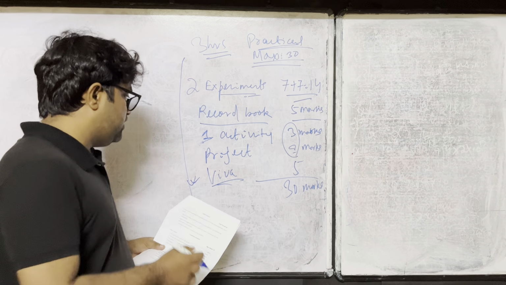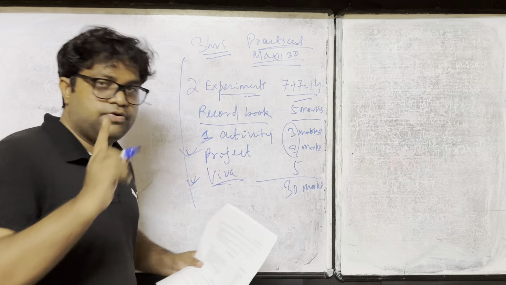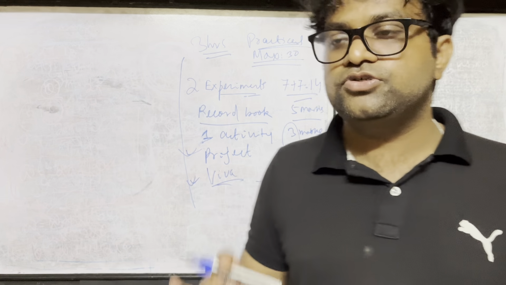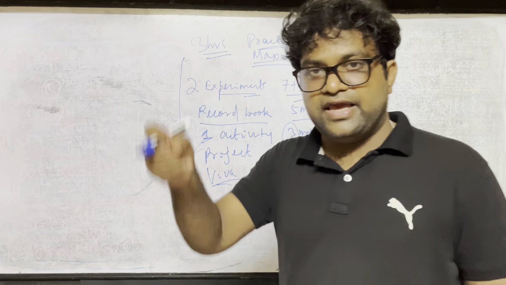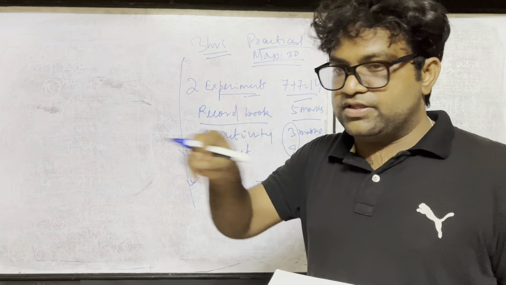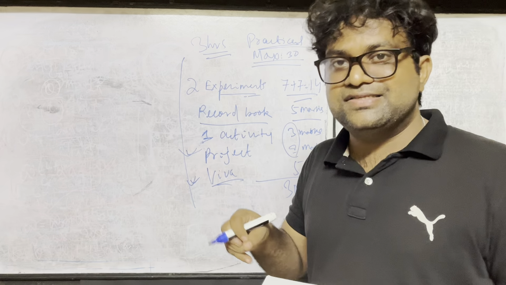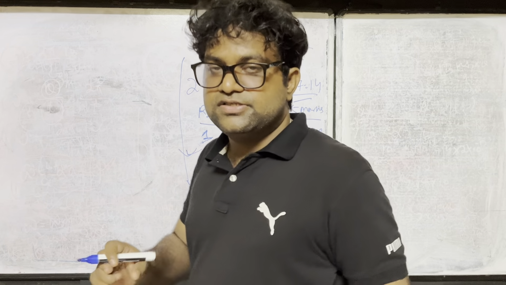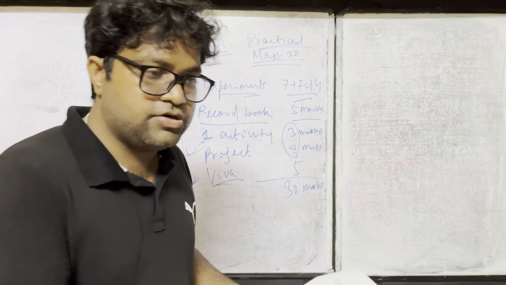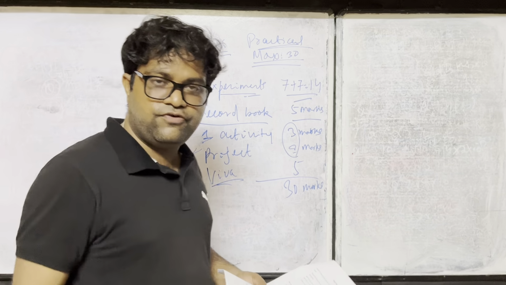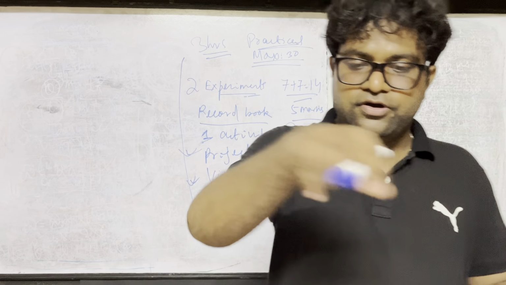Now, project. 1 project file, a channel file you can make, or your school teacher will instruct you how to make this project file. Generally: aim of the project, then your content, the topic and all the details, then any diagrams or constructions, then applications, your conclusion, and references. All these things will be maximum 4 or 5 pages, and the front page you can design.